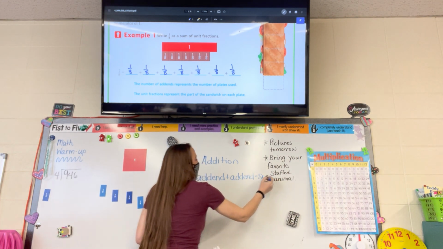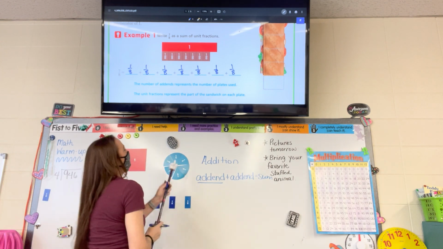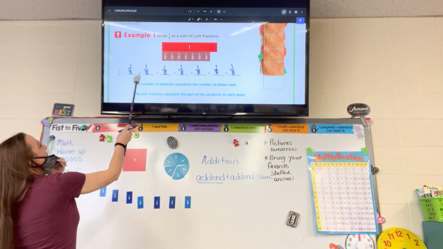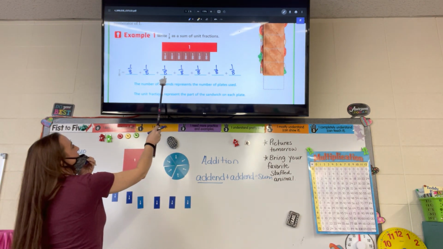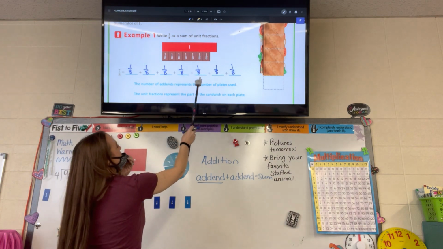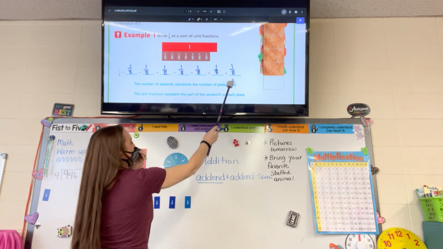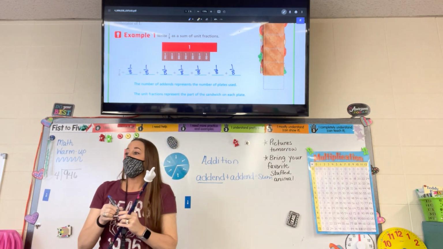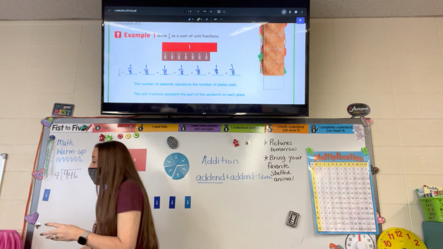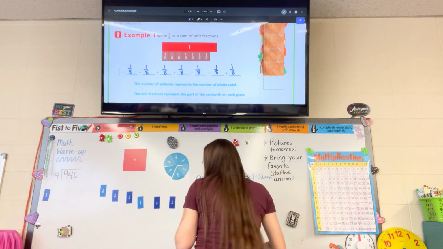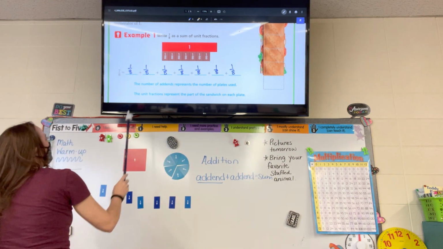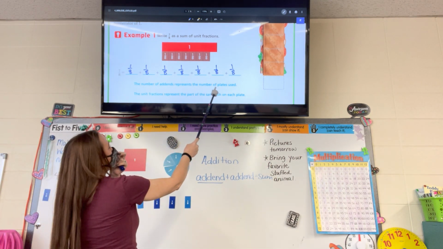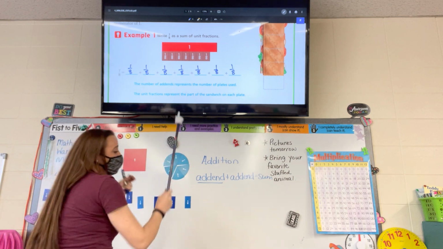Sum. Okay? So in this problem, this is an add-in, this is an add-in, this is an add-in, and so on for all seven. Everything that we're adding together in an addition problem, each part is called an add-in. So it tells us the number of add-ins represents the number of plates used.